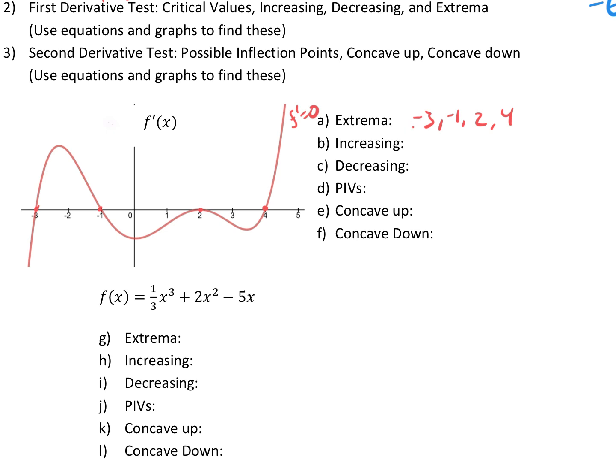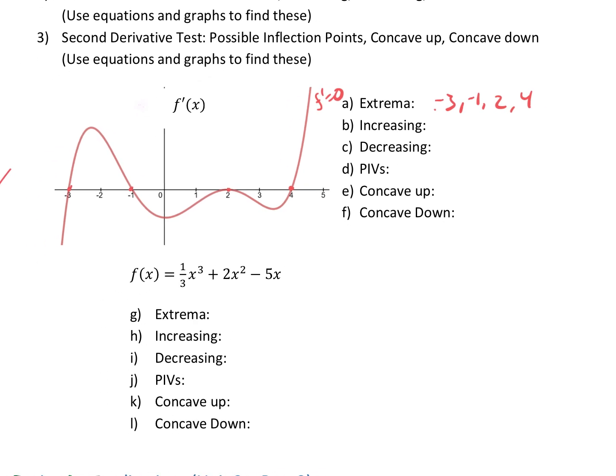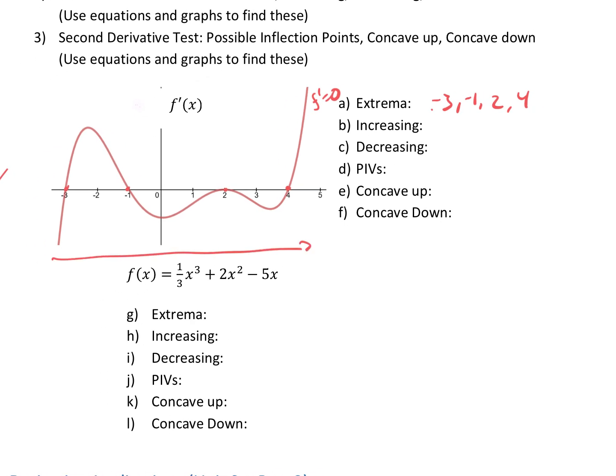Where is it increasing? Well, a number line might be kind of helpful here. So let's take our number line and f prime. So we know that at these points, -3, -1, 2, and 4, that's our 0. So it's negative over here, positive.